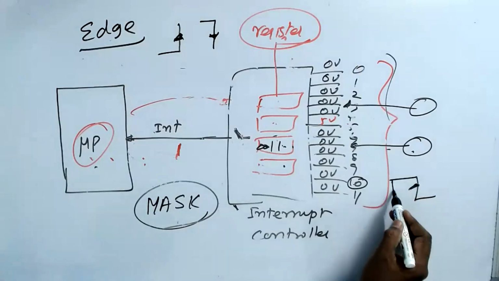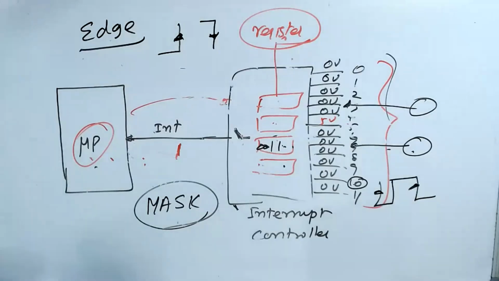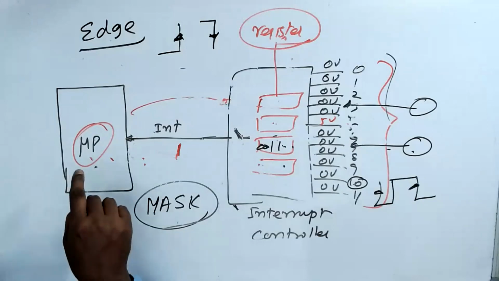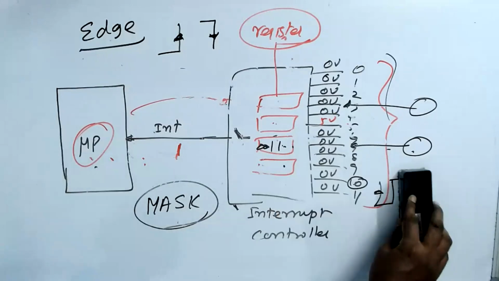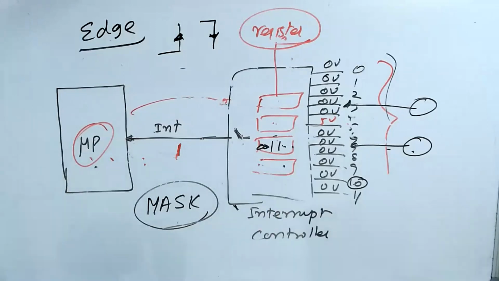Once it becomes low and then low to high, it will give an interrupt. So I get an interrupt when it is on an edge. That is the next thing of this interrupt controller.